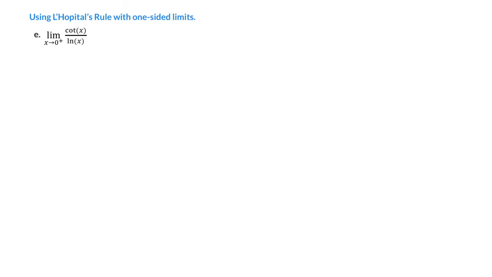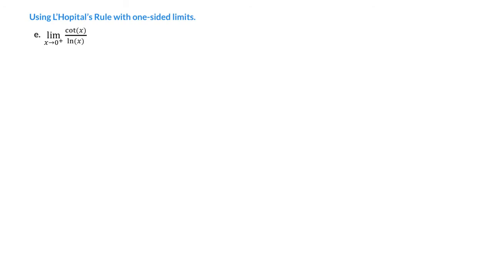Part E is giving us a one-sided limit and is asking us to evaluate this limit. What is really nice to realize here is that if this limit tends to an indeterminate form, 0 over 0, or infinity over infinity, I can still use L'Hopital's rule. I can use it in the same way that I have been using it in the previous problems.